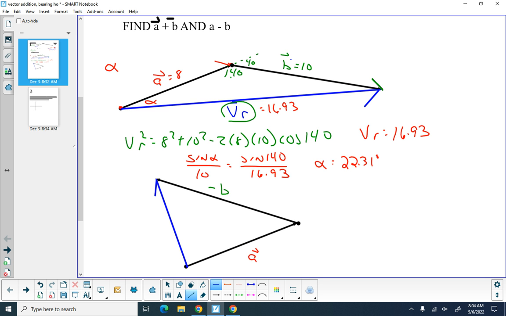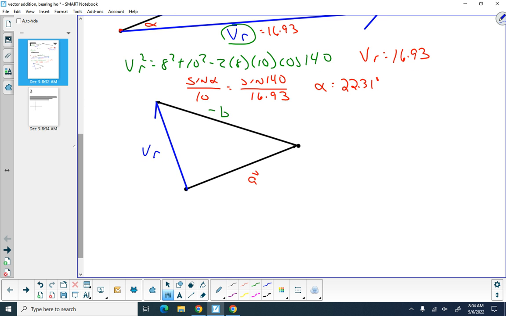Victor. Magnitude of A is still 8. The magnitude of B is still 10.